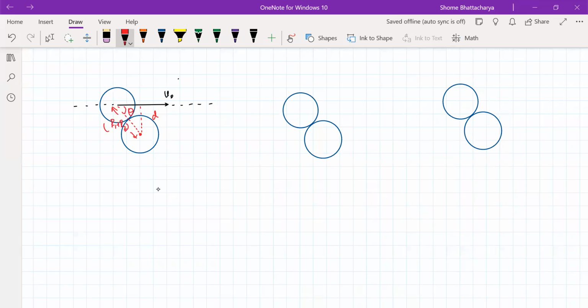So if this angle is theta, the collision impulse will act along that. So sine theta is equal to D upon R1 plus R2. The way that is given, that works out to be 53 degrees.